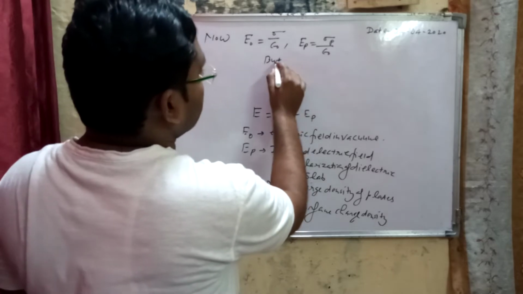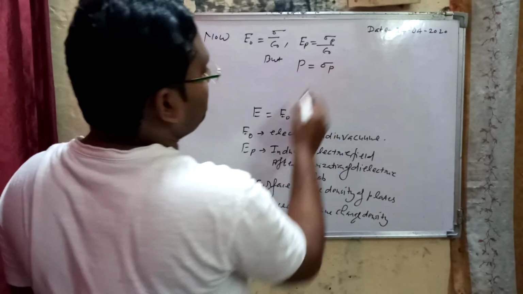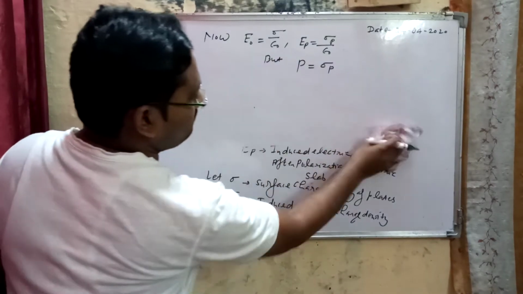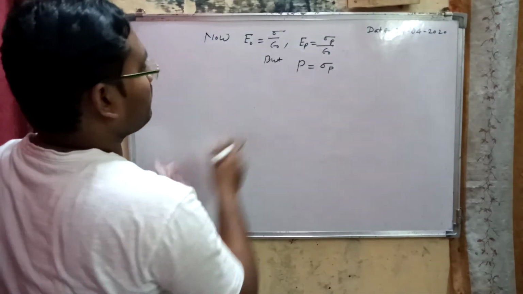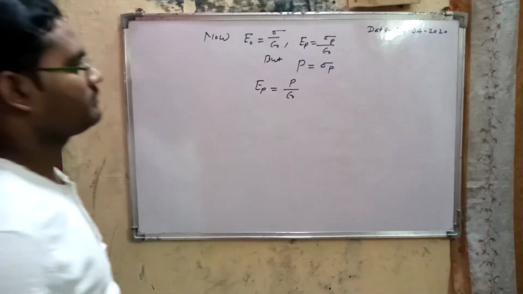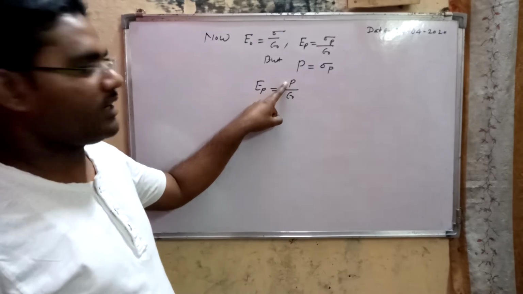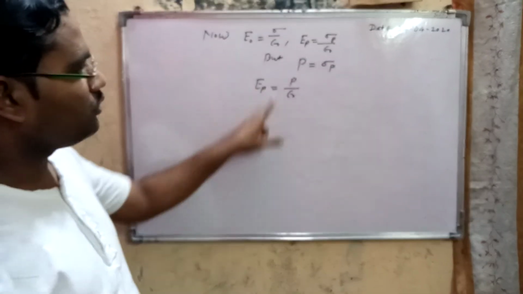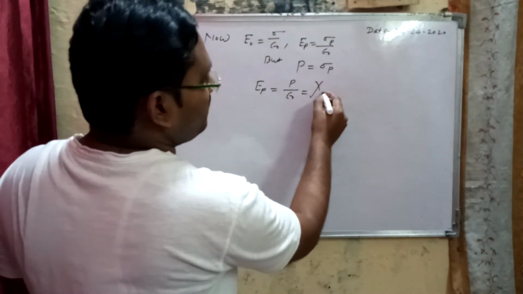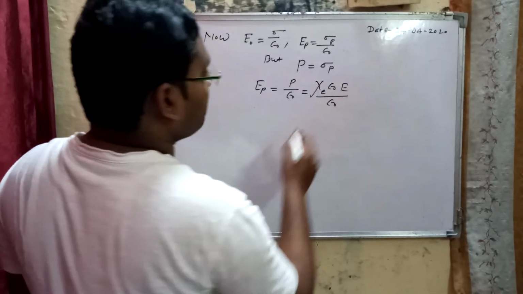But the magnitude of the polarization vector P is equal to sigma p. Now here Ep is equal to P by epsilon naught. This P is the magnitude of the polarization vector. Now we substitute the value of the polarization vector in terms of electric susceptibility: chi e epsilon naught E divided by epsilon naught.